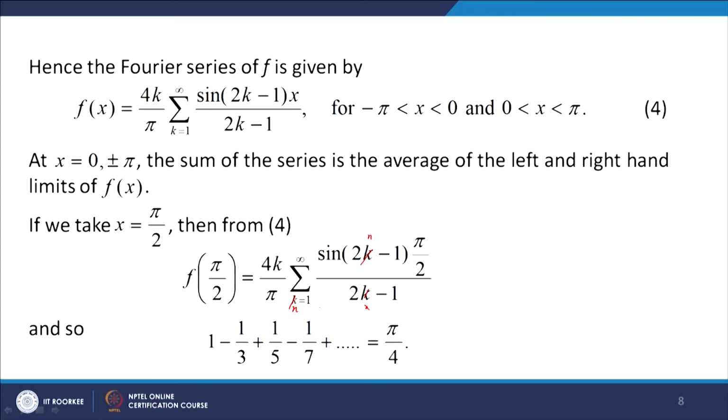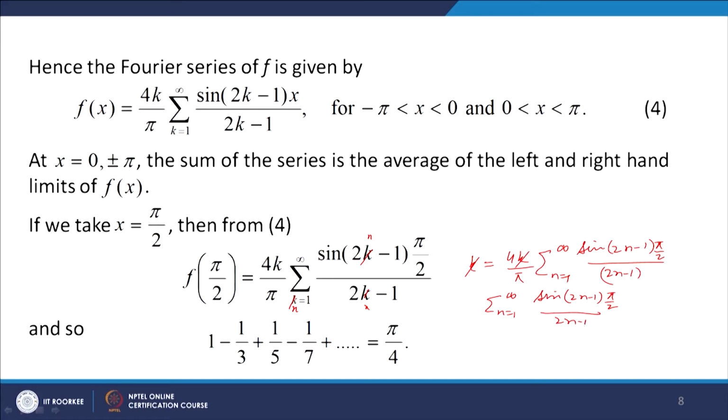So, then what you see is that f pi by 2 is equal to k. So, k equals 4k over pi sigma n equal to 1 to infinity sin (2n minus 1) into pi by 2 divided by (2n minus 1). This k will cancel with k, and we will have sigma n equal to 1 to infinity sin (2n minus 1) into pi by 2 divided by (2n minus 1) equal to pi over 4.